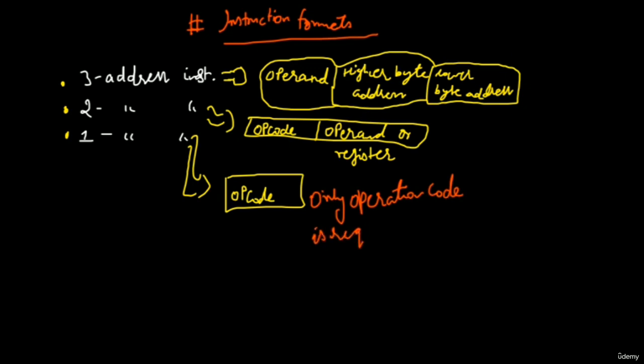Nothing else. We don't require anything else. That's it. So this is all for the one. Now for the second one, we have two things. So we require 2 bytes, right?